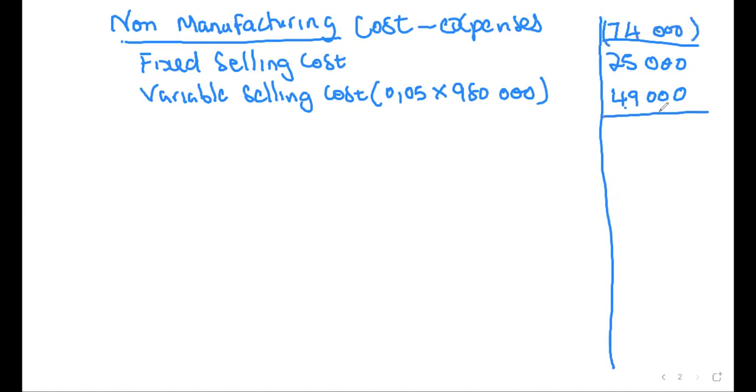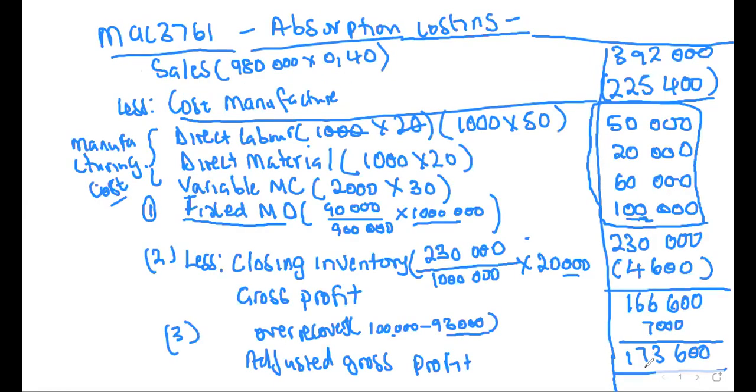So the next thing that we need is profit for the year. So what is going to be our profit? We subtract 74,000 from 173,600.